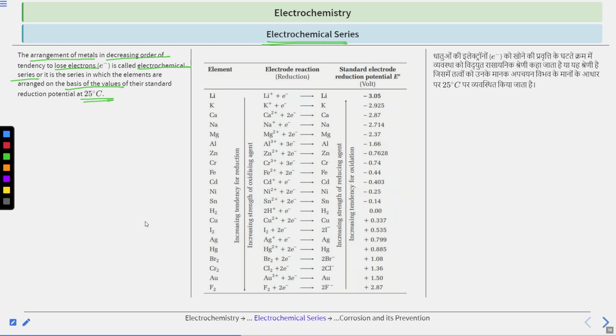On the basis of that value, we have arranged the elements in order, and that series is known as electrochemical series, represented here. You can see lithium is at the topmost and fluorine is at the bottommost. Okay.